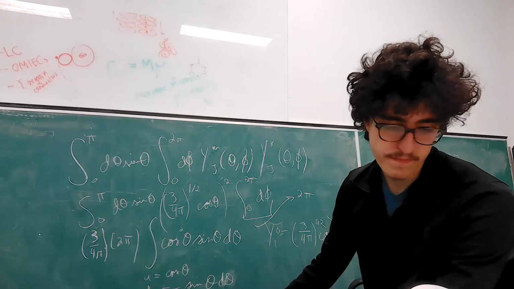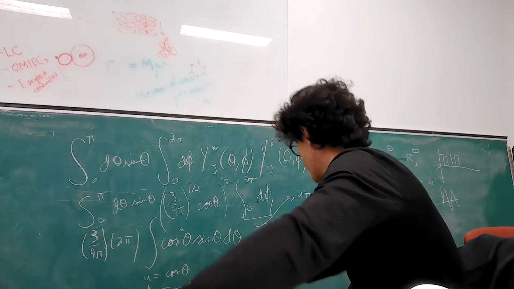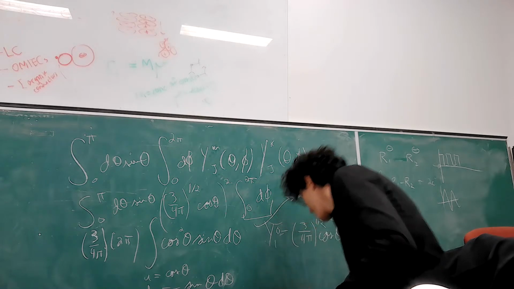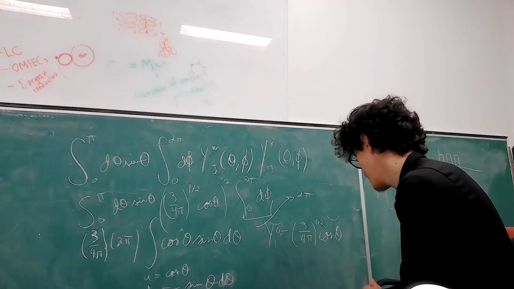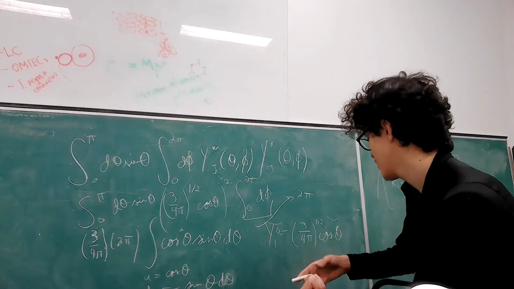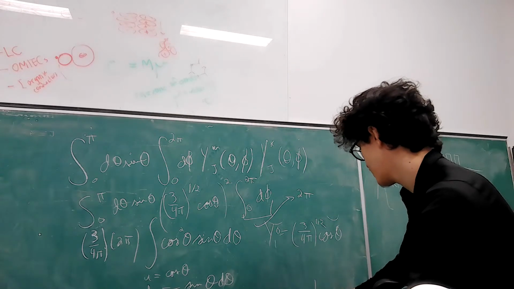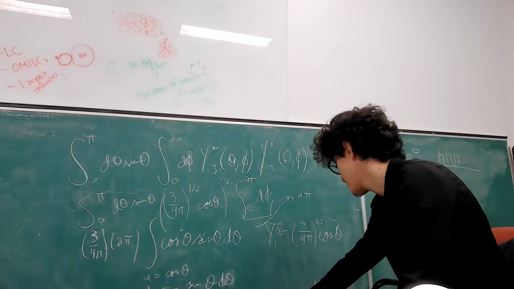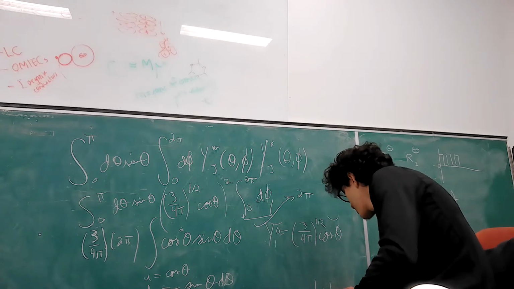If you evaluate this from 0 to pi, you have minus one over 3 times cosine of pi, which is -1, so 1 over 3. And then you do minus, and then this sign: cosine of 0 is 1, but it's minus, so it's plus 1 over 3.